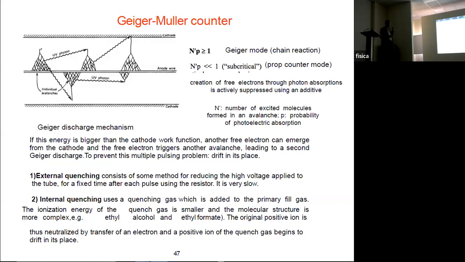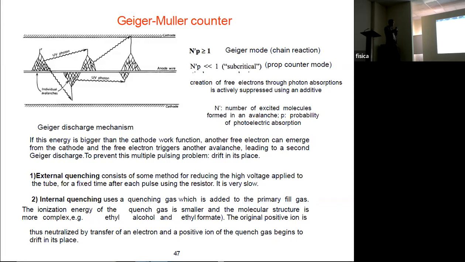And the main difference between proportional counters and Geiger counters is that you operate in a higher electric field, and you can compare a Geiger counter to some sort of chain reaction, where you produce electrons from the avalanches, and also you produce excitations with ultraviolet photons, which can give rise to more and more electrons.